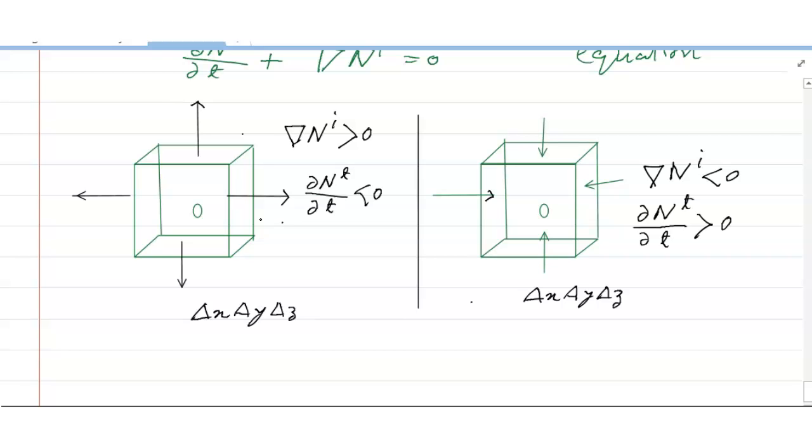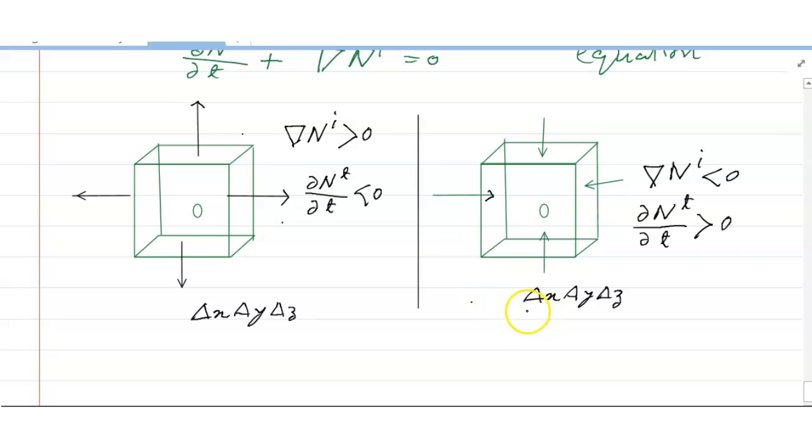You will see del ni greater than 0 and del nt divided by del t less than 0 when particles are leaving. And when particles are entering, del ni is less than 0 and del nt divided by del t greater than 0.